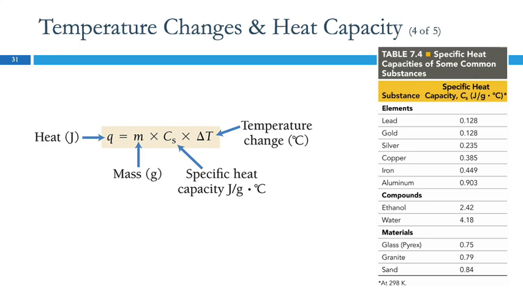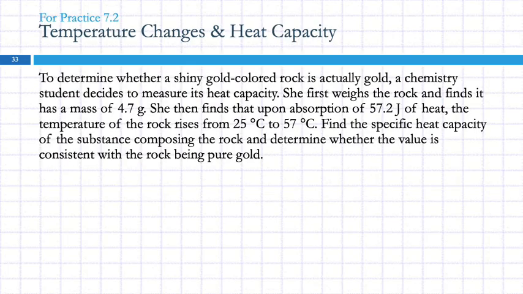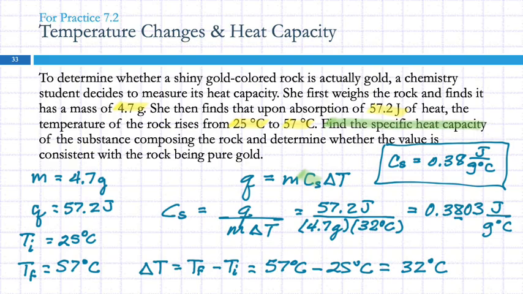The 0.38 is close to copper. This does not prove that the metal is copper or the rock is copper, but it would be a suggestion that possibly could be. So is the rock gold? No. Any questions?